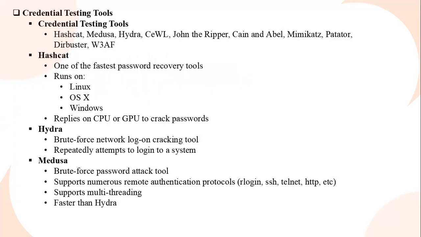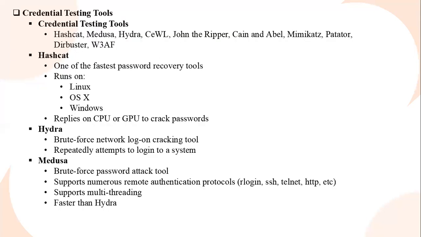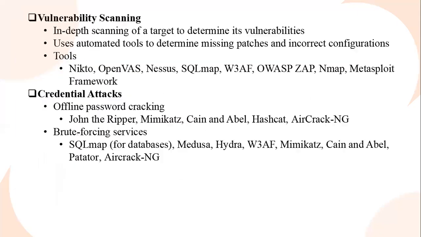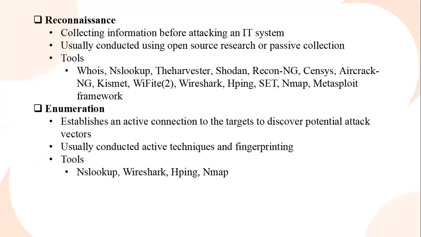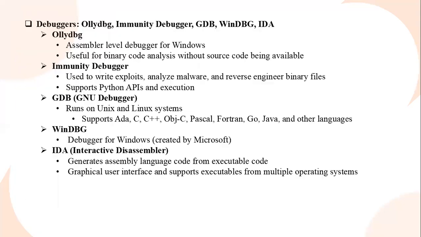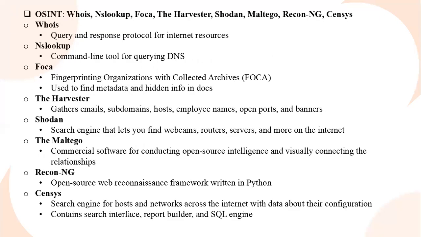Then credentials, we talked about all of this. So this is now the explanation of each of those tools we talked about here. I've offered most of these explanations. This software assurance, this OSINT, open source intelligence gathering, very nice tools, part of the Kali Linux operating system.